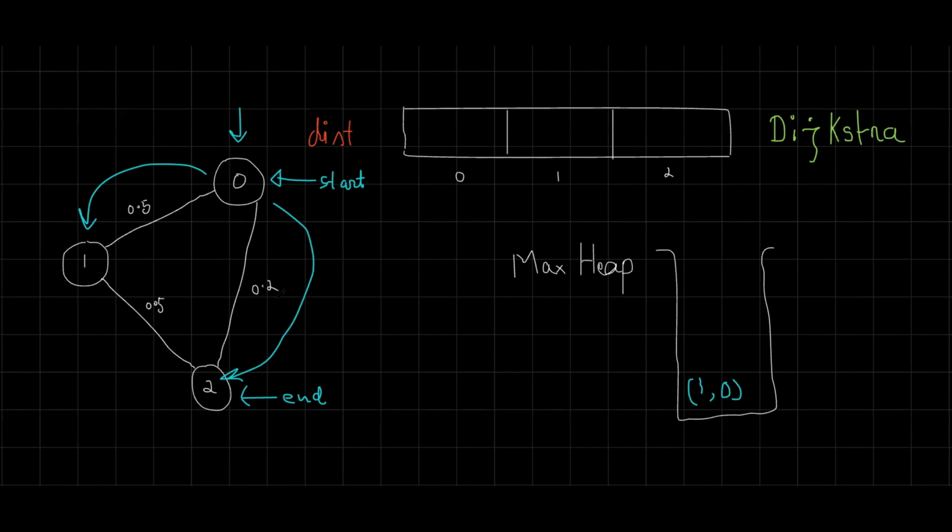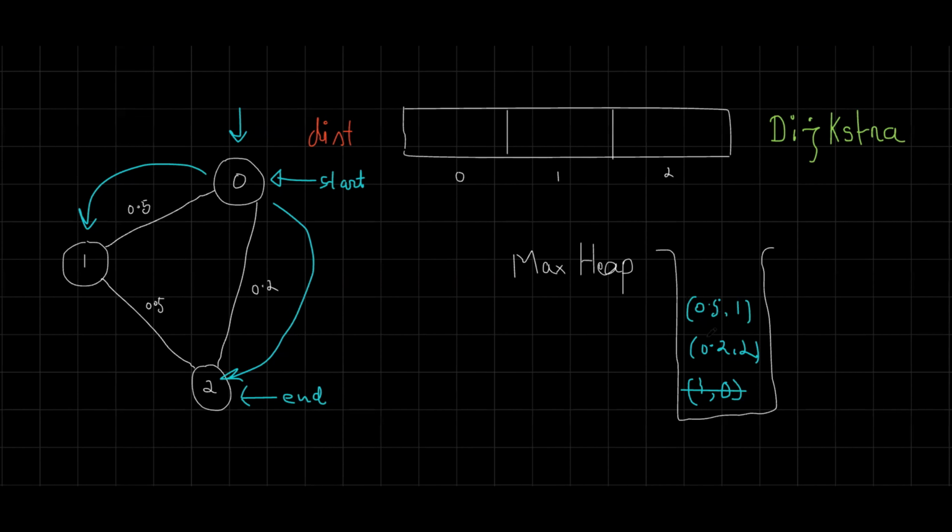So if we go to node 2, its success ratio will be 0.2 and the node will be 2. And if we go to node 1, its success ratio will be 0.5 and 1. Now after that, we have to remove this from the max heap.